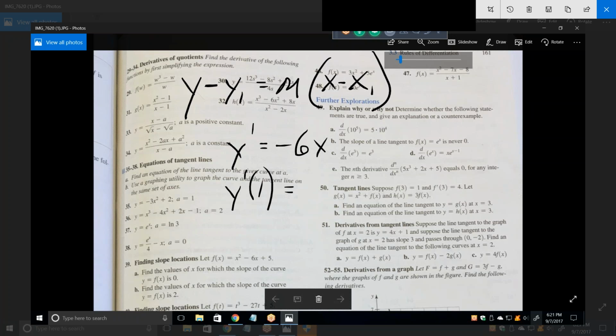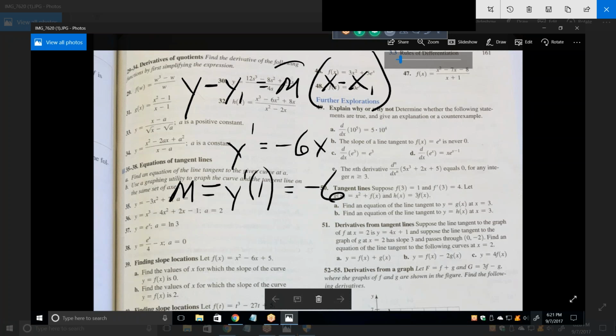The reason we use f of x is so that I can do this, and that's why we don't like to use y. But sometimes people will combine them. In other words, we're going to evaluate the derivative at 1. So what's the answer? Just negative 6. So that's the slope.